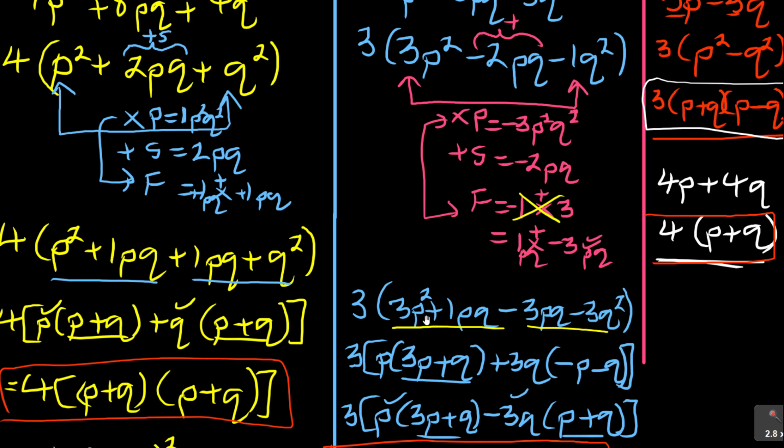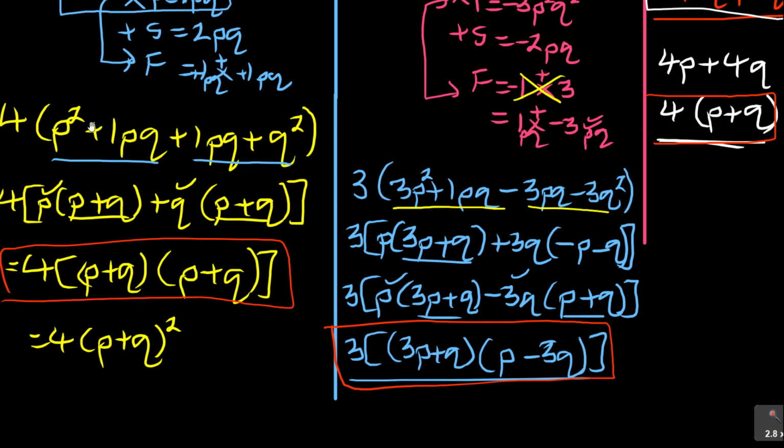So the 3 is out, then it's 3p plus q, and then we ended up saying here take out -3 here is p plus q. So there is the error. Look, that's where I made an error, because I said the brackets must be the same, and I actually claimed that these brackets are the same. I hope you pick this up.